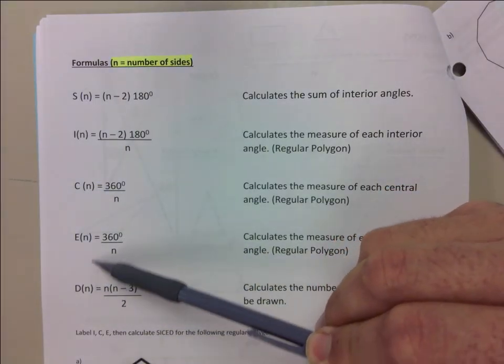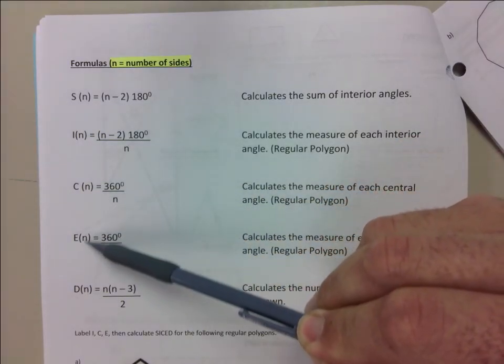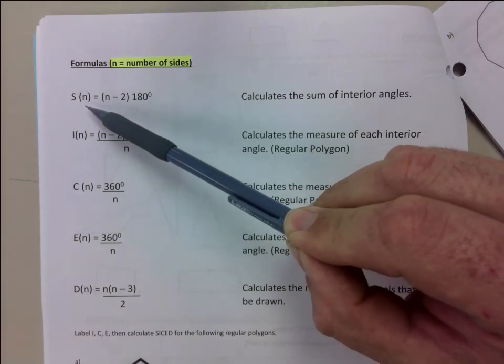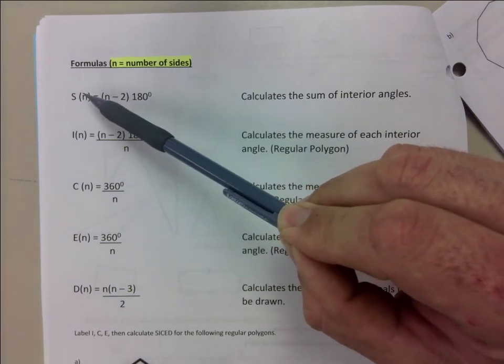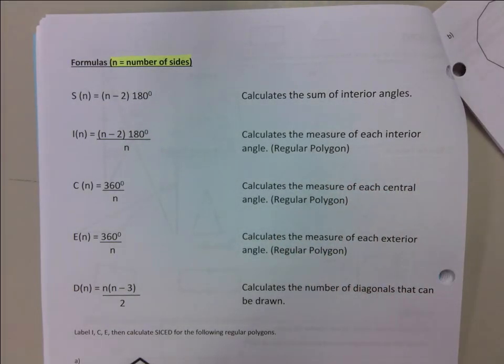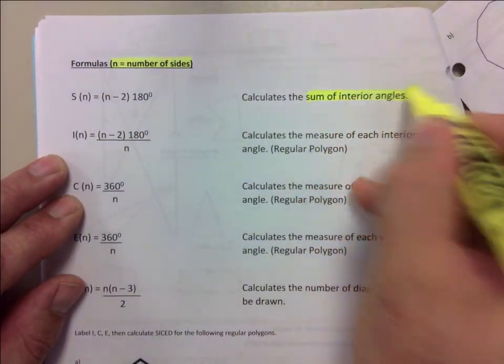That just tells us how many sides that polygon has that we're solving for, okay? So for example, if I have a 6-sided polygon, I will find S of 6. What does S stand for? S stands for the sum of interior angles.